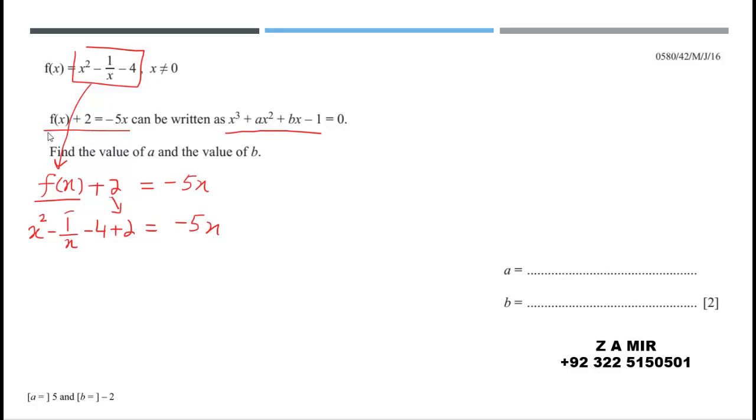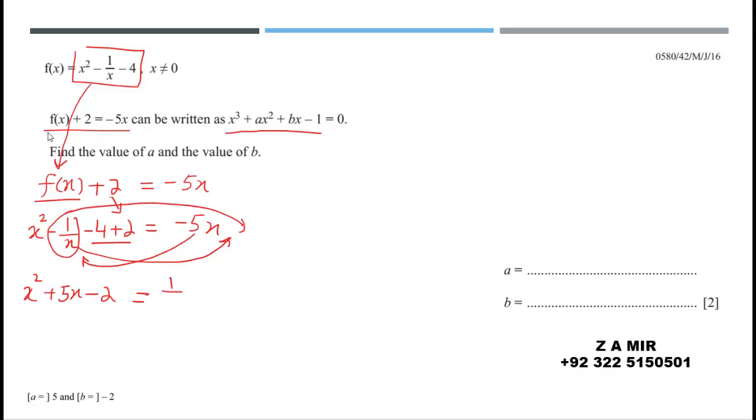Okay, for that I will bring this minus 1 over x over here and this over here. So it will become x squared plus 5x minus 2 equal to this will come over here, it is 1 over x. Okay, put 1 under this. Single fractions on both sides, cross multiply. Multiply with this: x cubed plus 5x squared minus 2x, and 1 into 1 is 1.